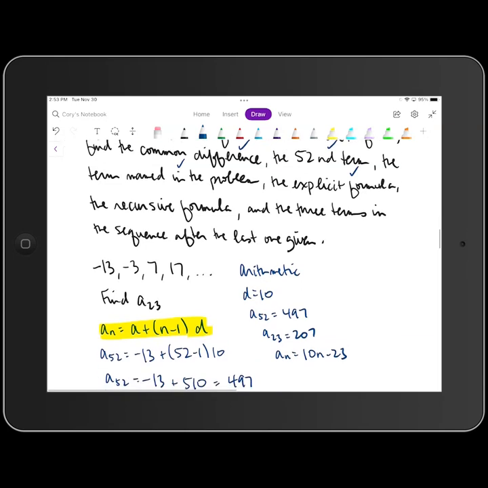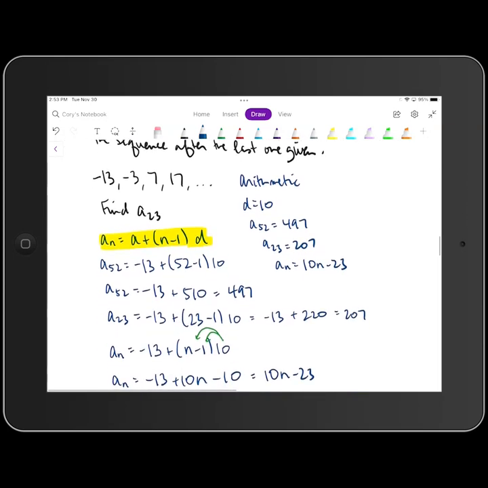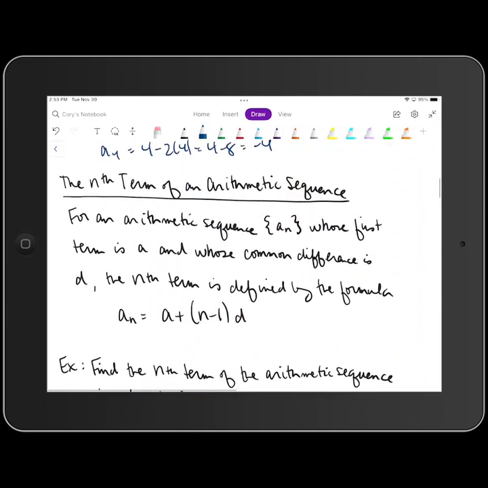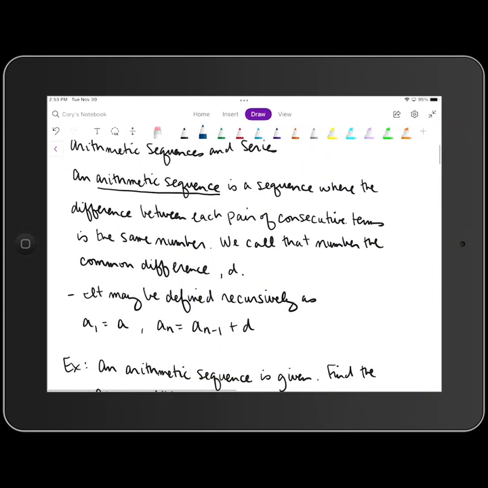Okay, the next thing we want to find is the recursive formula. So if you remember the recursive formula back at the start of this lesson, it's going to look like this. We need to specify what the first term is, and then we need to write the nth term in terms of the n minus 1 term and the common difference.